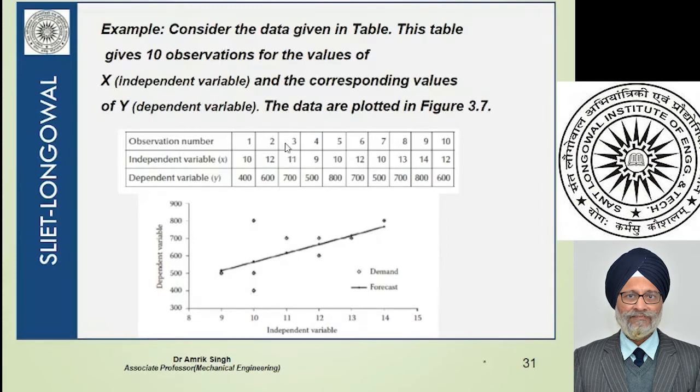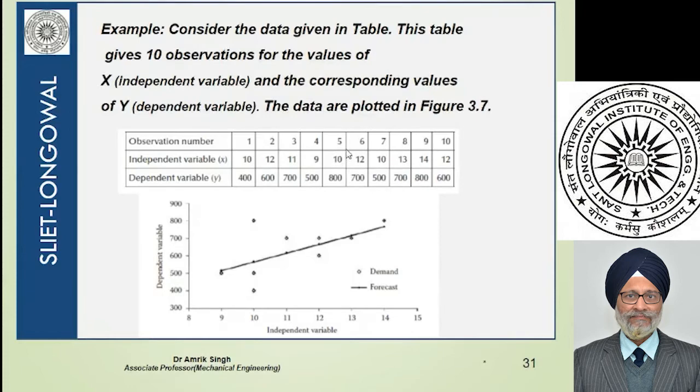Then again at 12, this value is 600. And again at 11, it is 700. So it is 700, plotted like this.